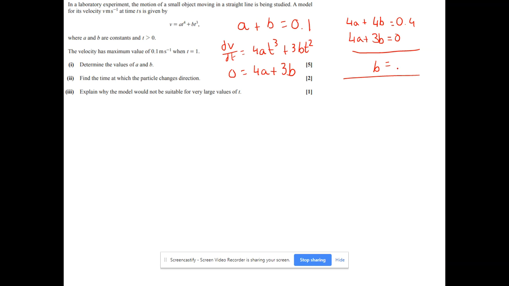So b equals 0.4, which means that a must equal 0.4 minus that, so it is minus 0.3.